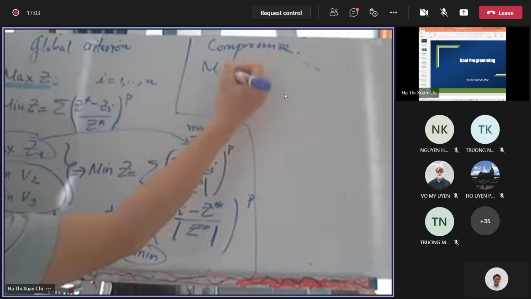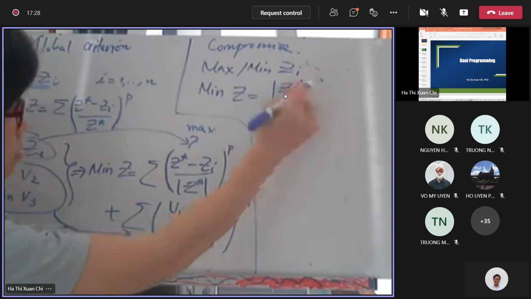So, Z. So you also transform mean distance here. Right.